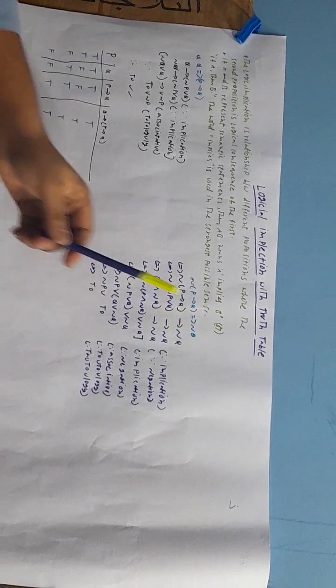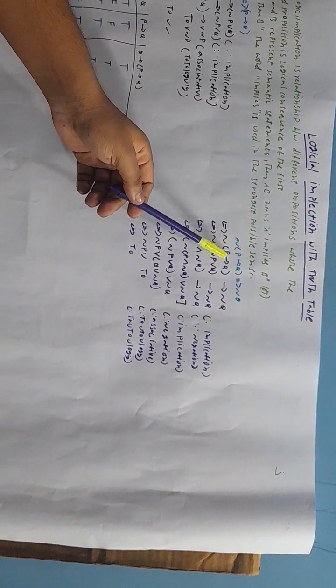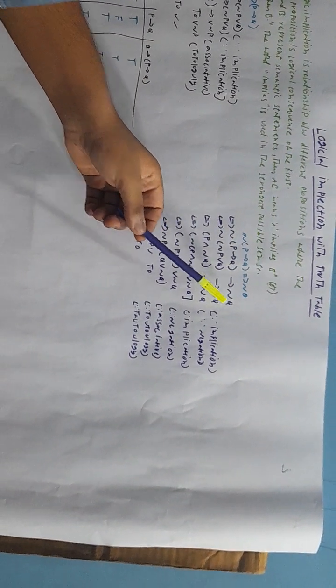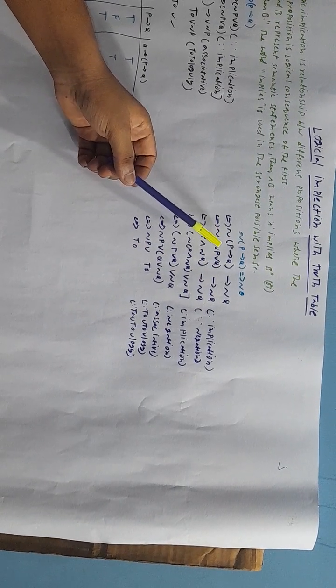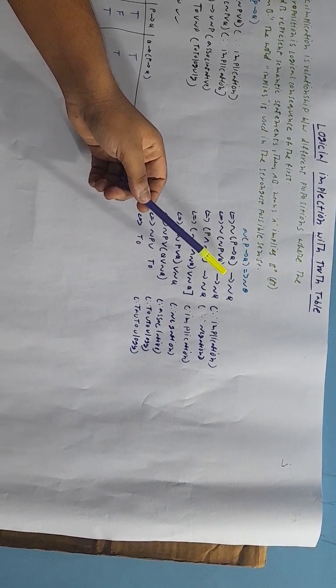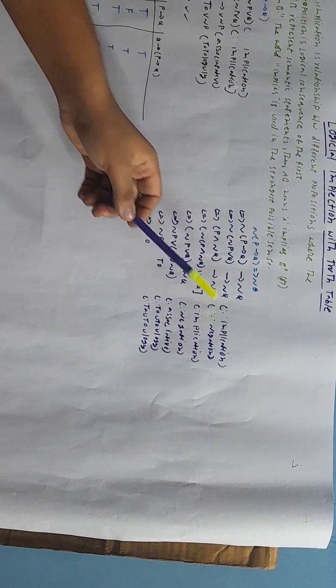Let us take another example. Negation of P implies Q, double implies negation of Q. That means negation of P implies Q, negation of Q. That is implication.